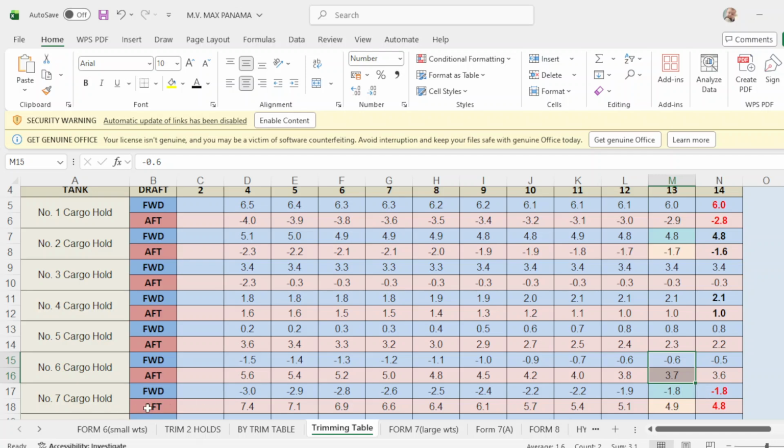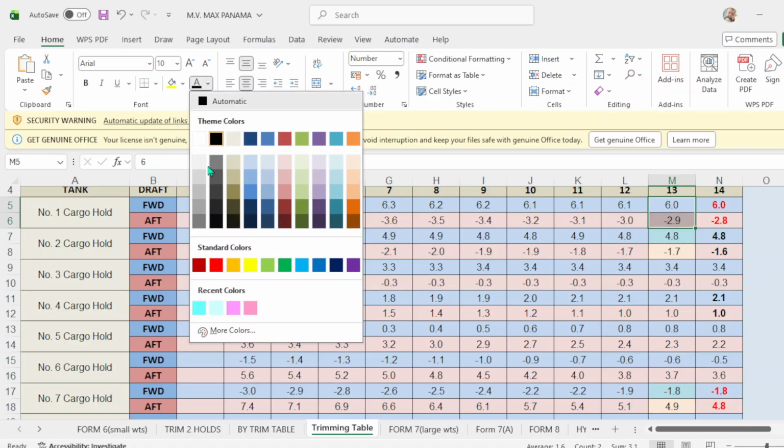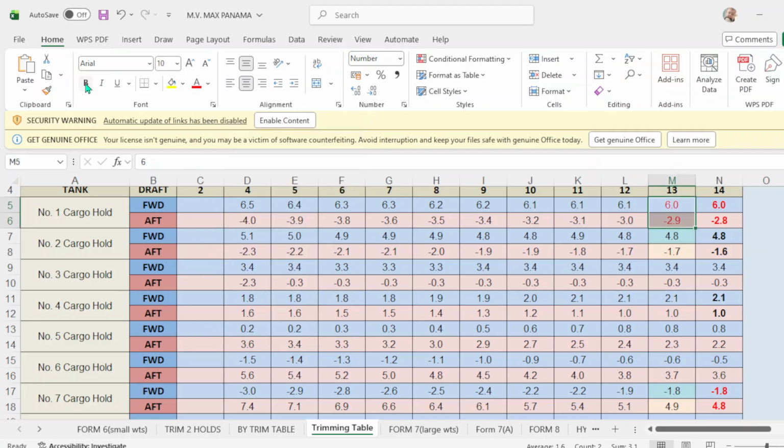hold number 7, forward and aft correction, and this is your 4 meters draft. Since your departure draft is 13.30, we will use this 13 draft. So 13 meters draft, so 13.30, so I highlight this one.